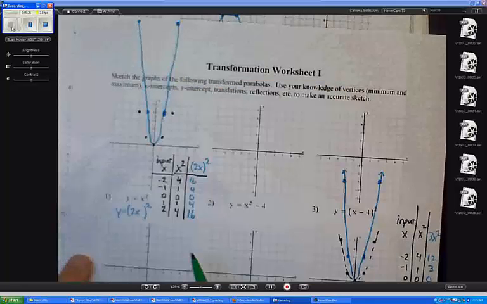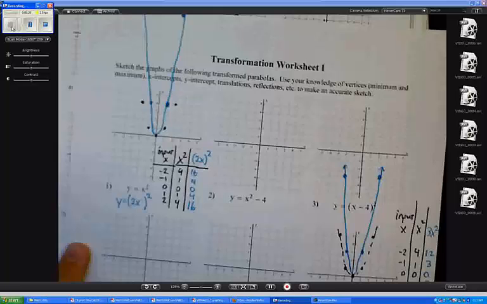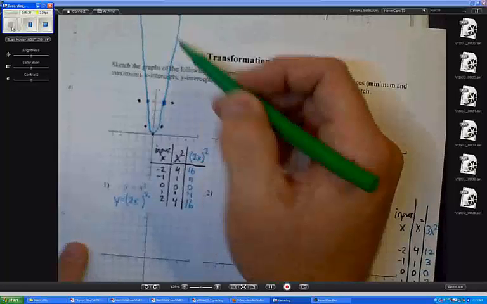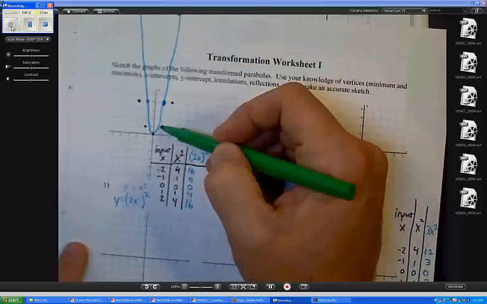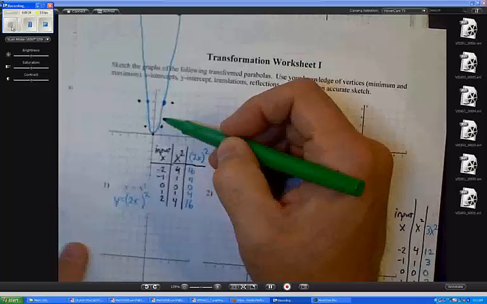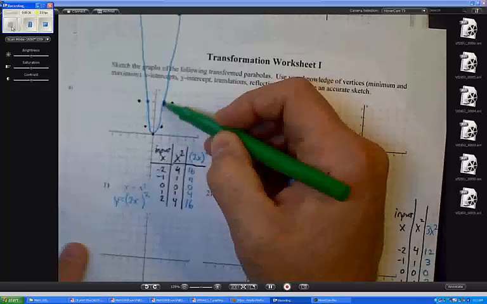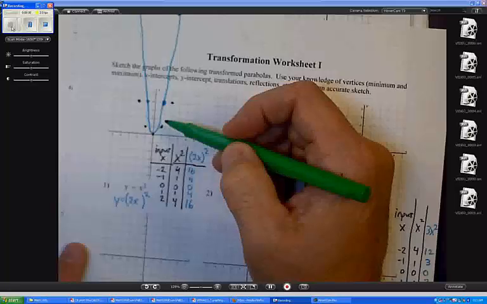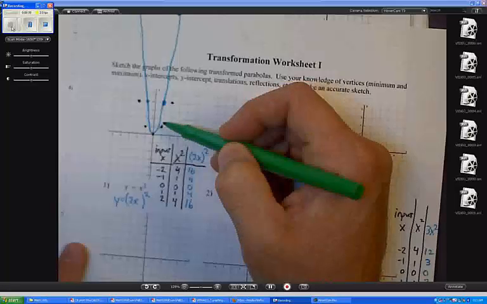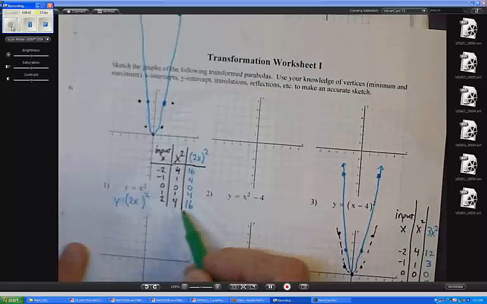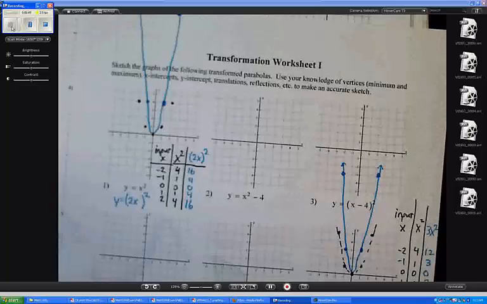Now I want to show you something. If instead of thinking of this as a horizontal shift, you thought of it as a vertical shift, do you see how much we're moving vertically? Well, we're moving from 1 to 4, or from 4 to 16. How much are we actually moving vertically? Isn't it like stretching it 4 times as much, right?